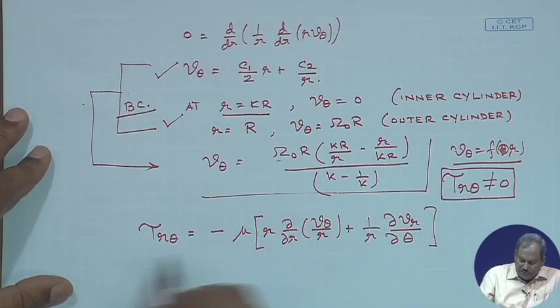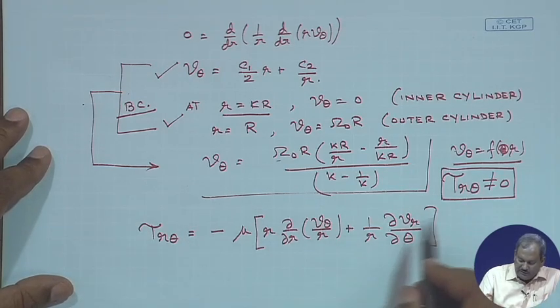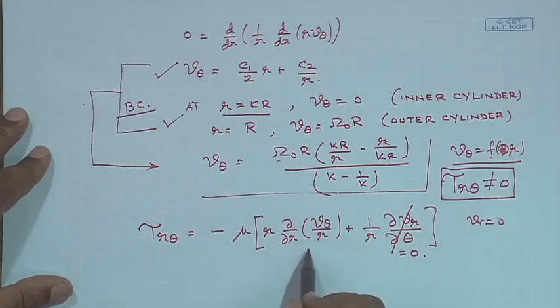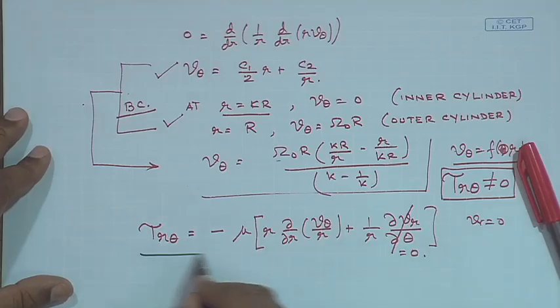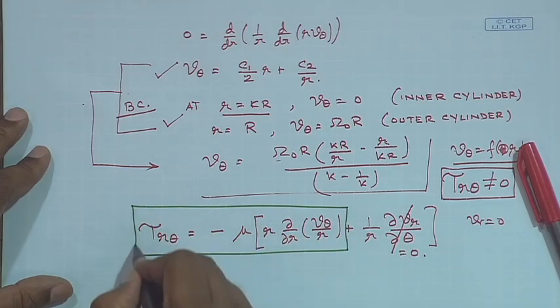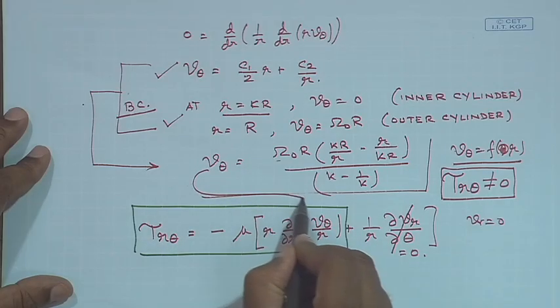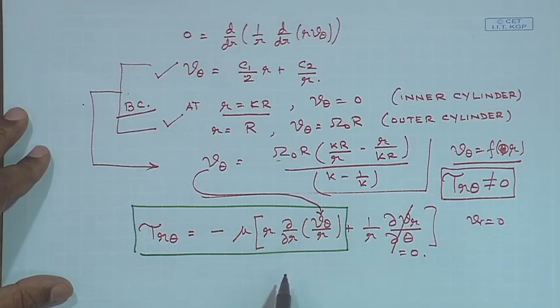This is the expression for tau r theta for a cylindrical coordinate system, and here you know that v_r is 0, so the second term is going to be 0. Your tau r theta would simply be equal to the first term. In this expression you have to put in the expression for v_theta and do the del/del r of that, and this would look like mu times r d/dr.